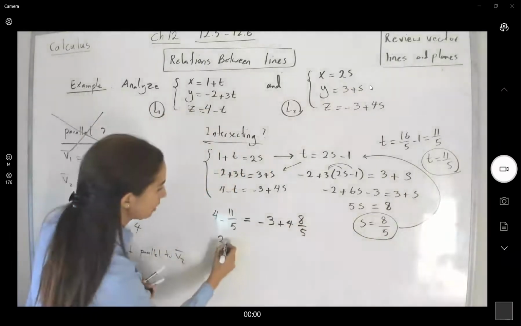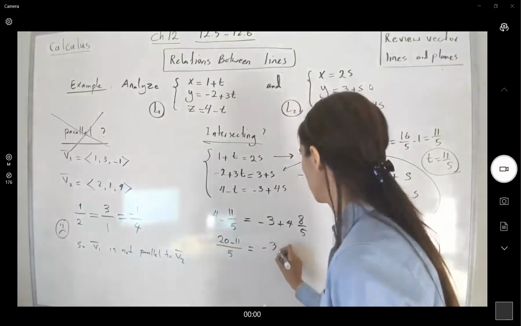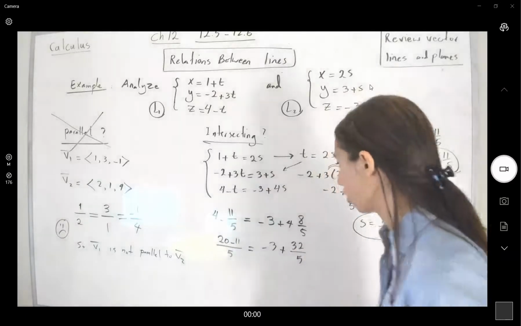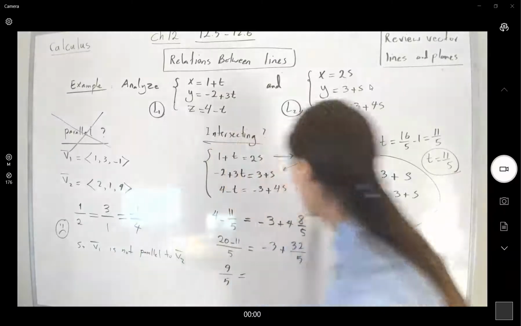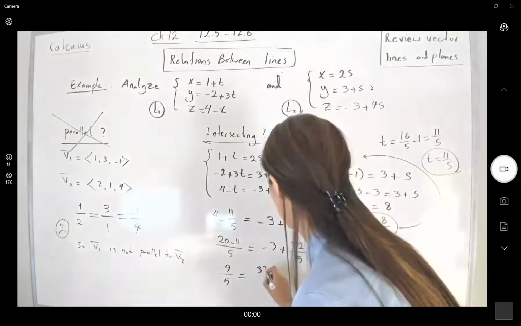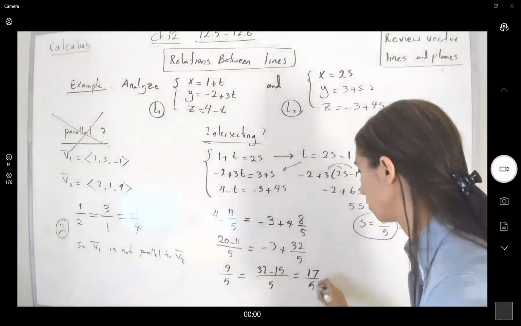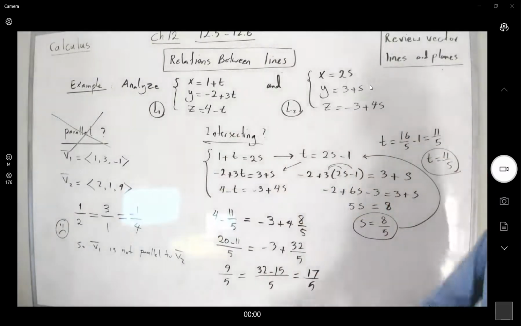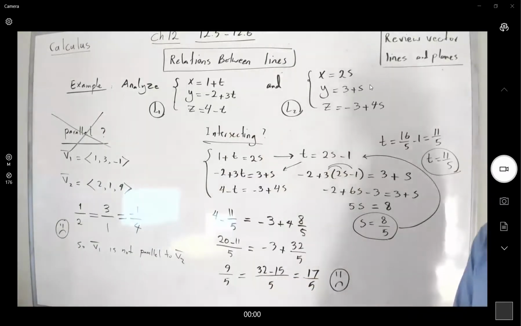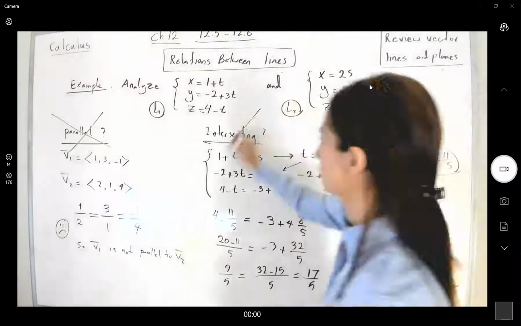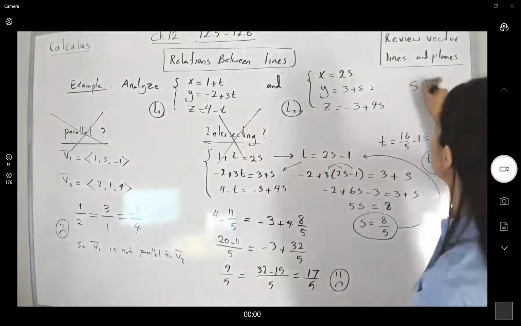You have 20 minus 11 over 5, which is 9 over 5 on the left, which must be equal to negative 15 plus 32 over 5, which is 17 over 5. It says 9 over 5 is equal to 17 over 5, which is not correct. It means that they are not intersecting. They are not parallel to each other, and they are not intersecting, so they are skew lines.